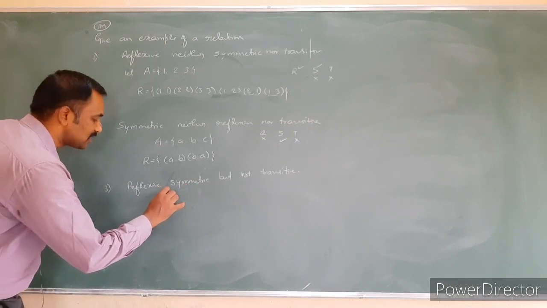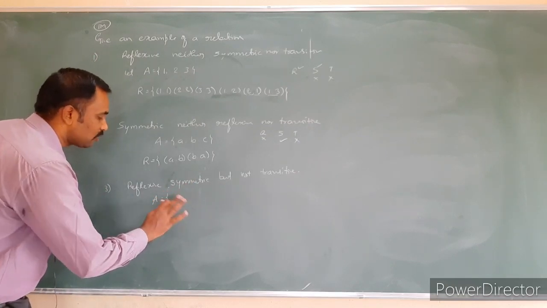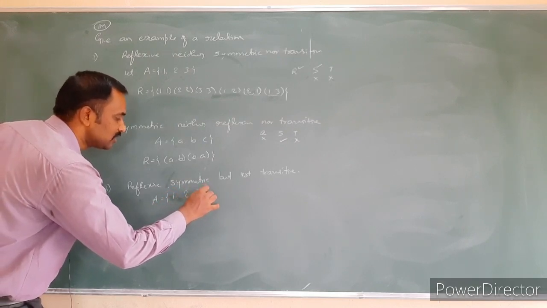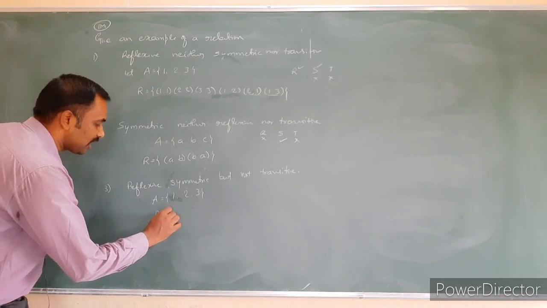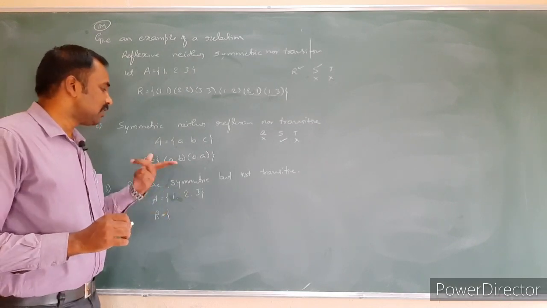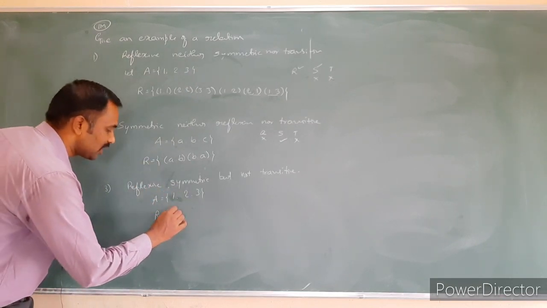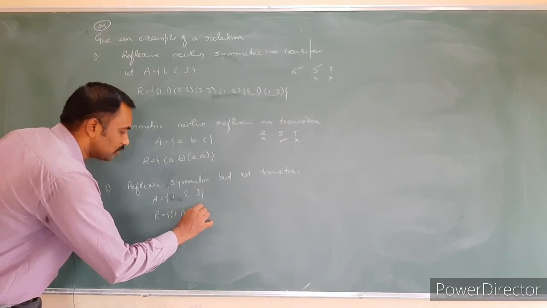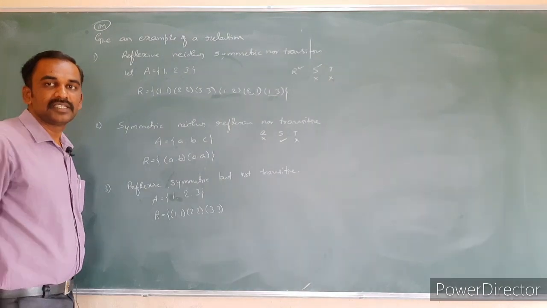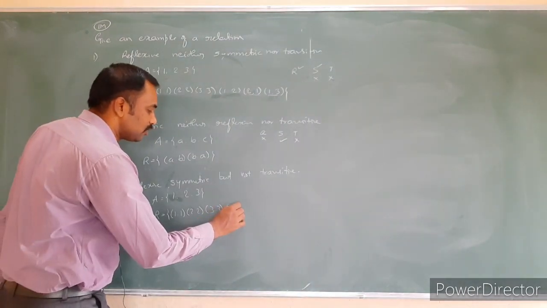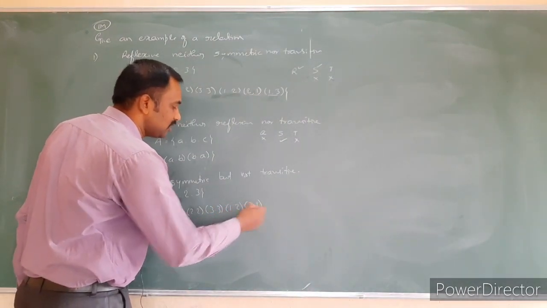Again, I write a set A, B, C, or 1, 2, 3, whatever numbers you choose. It is better to choose small numbers. The relation should satisfy reflexive and symmetric, but not transitive. That means 1 comma 1, 2 comma 2, 3 comma 3 is required, because it should satisfy reflexive. Symmetry means 1 comma 2 and 2 comma 1.